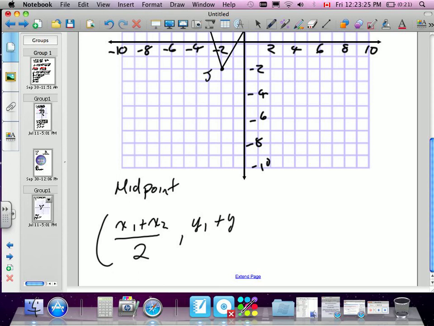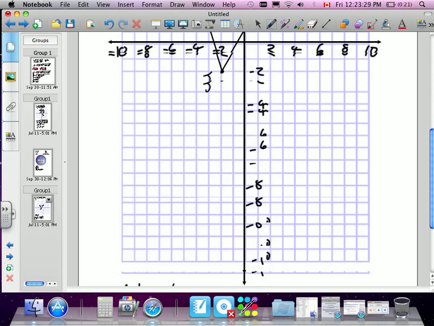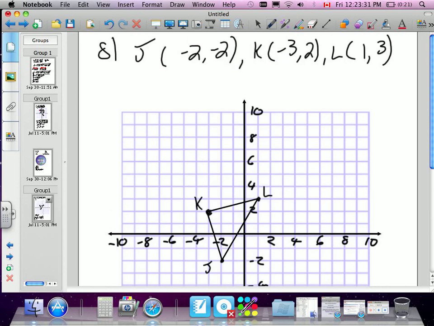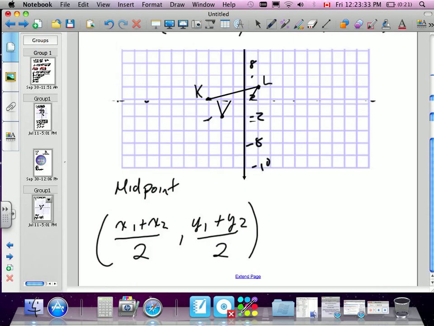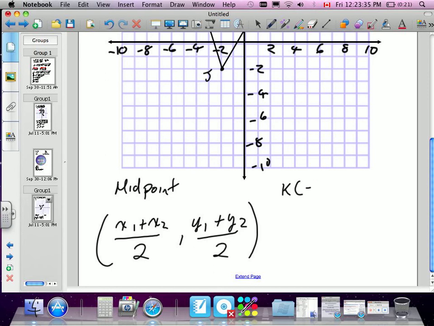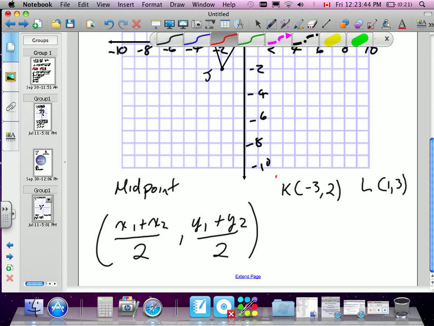And we look for K and L. K is -3, 2. And L is 1, 3. I'm going to name these point 1 and point 2. So this will be my x1, y1, x2, y2.